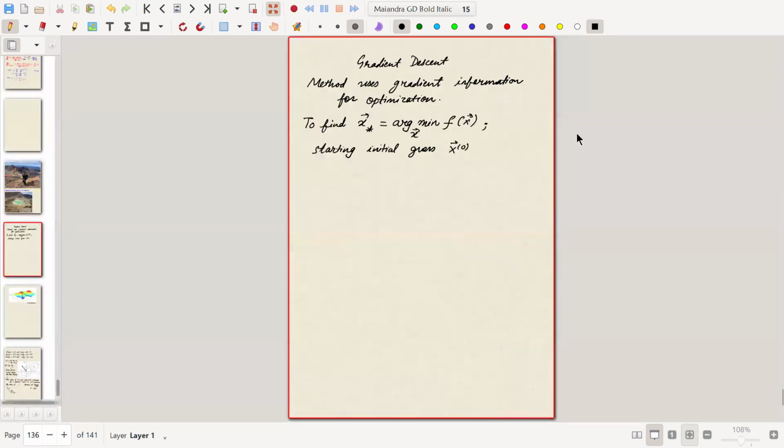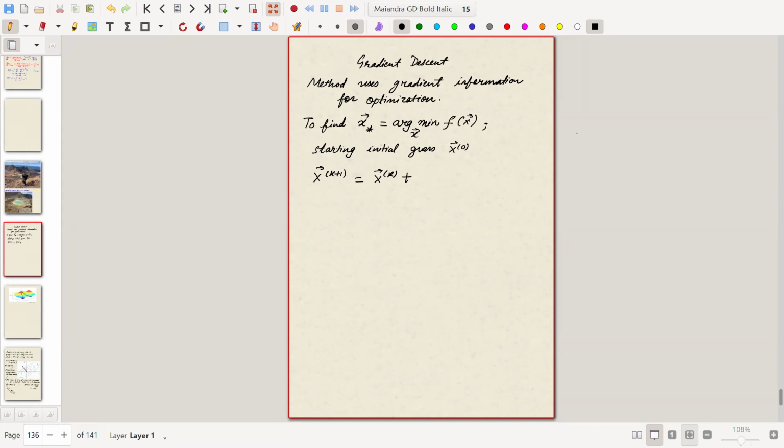Without any delay, I will write the iteration. The k plus 1 iterate will obviously depend on the kth iterate, as for every numerical method. The future iterate depends on the past iterate, so x_{k+1} definitely depends on x_k. But which direction shall we go and how much step size? That is the important thing. How will we incorporate that in this?